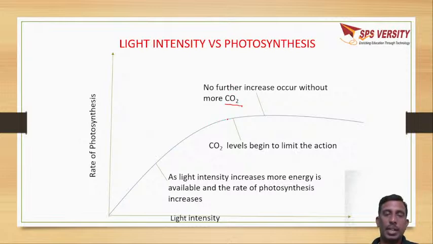Even if you increase light intensity, the photosynthesis rate will not increase. It will increase only when CO2 concentration increases. Here CO2 is the limiting factor, so the rate of photosynthesis depends on CO2. This law of limiting factor was proposed by Blackman. It says that the minimal value, the limiting factor, will determine the rate of the process. Here we have taken light intensity and carbon dioxide.